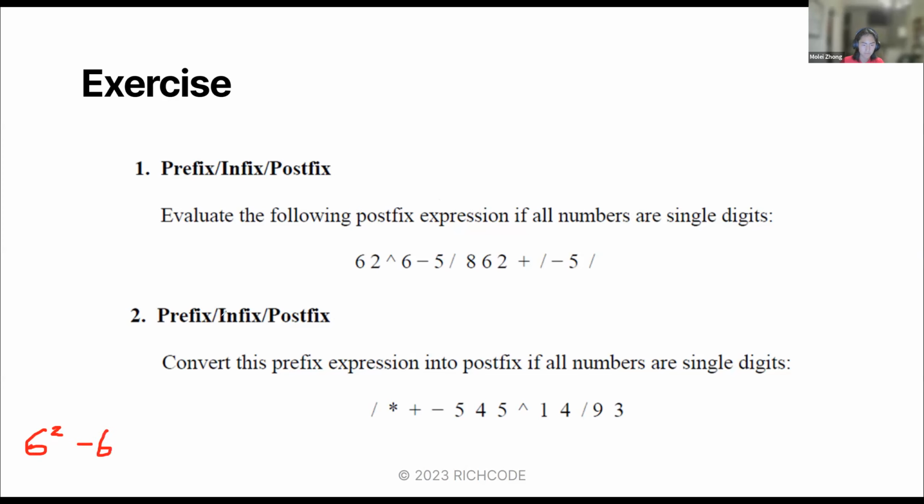And then we have a 5 on top and a division. So we take out the 5 and the 6 squared minus 6, and we get 6 squared minus 6 divided by 5. And then we get an 8, a 6, and a 2, and a plus symbol. So this becomes 6 plus 2.